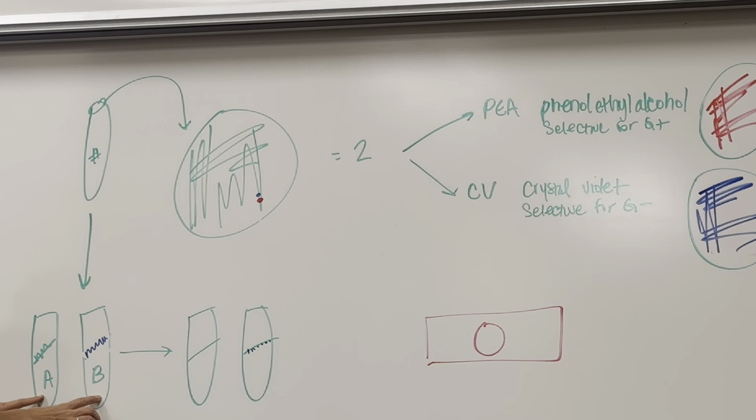Like in this case, we would be taking the petri dish from last time and then making an A from one organism and a B from another organism, new, fresh. And then we would be using each of those today, ideally, for the gram selective tests, but not doing a gram stain until next time.